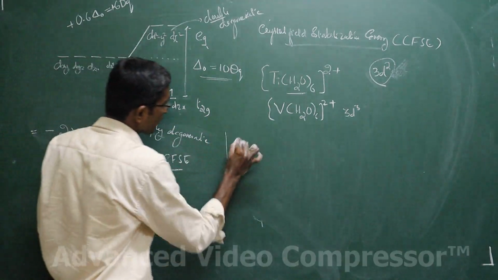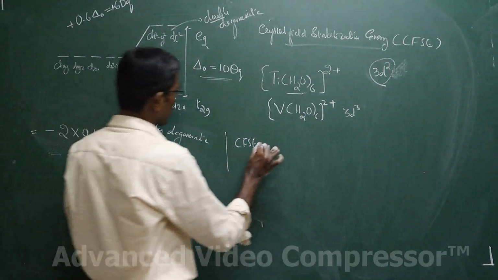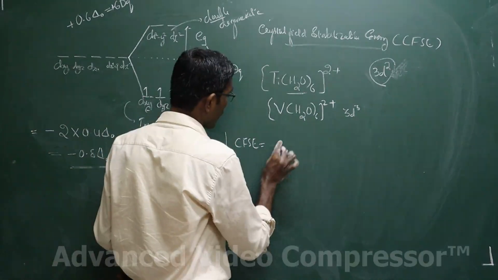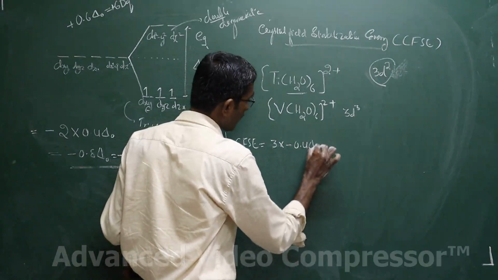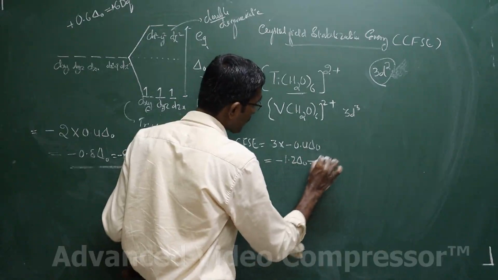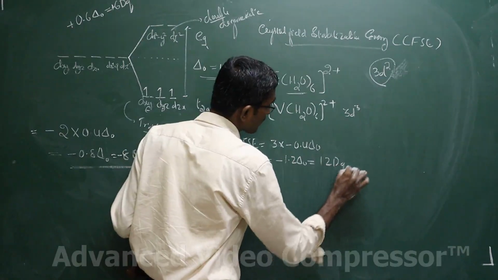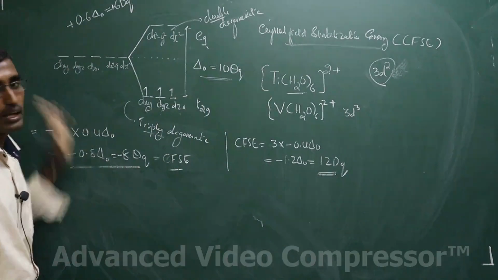That means the CFSE of this will be 3 into minus 0.4 delta naught. That means minus 1.2 delta naught, or 12 Dq is the CFSE for this. As simple as that, CFSE calculation is done.